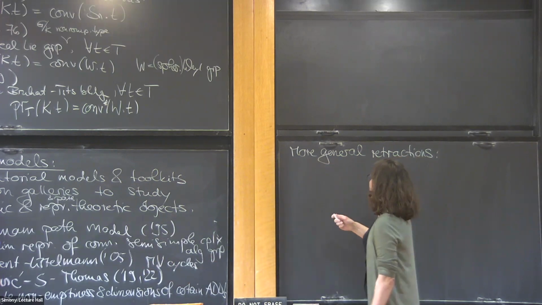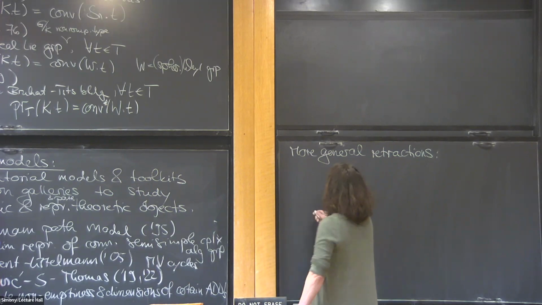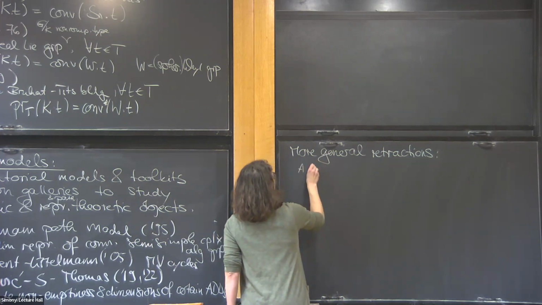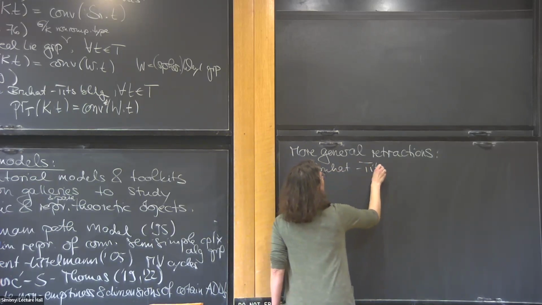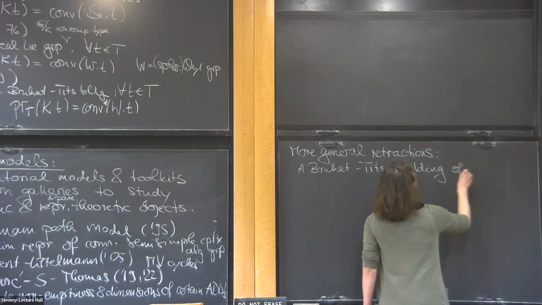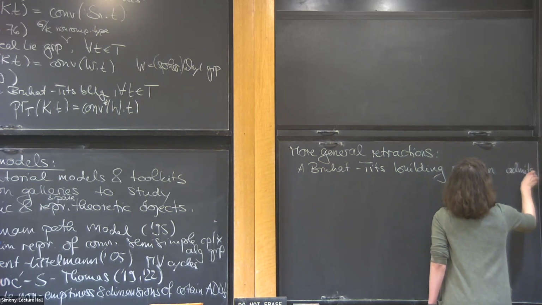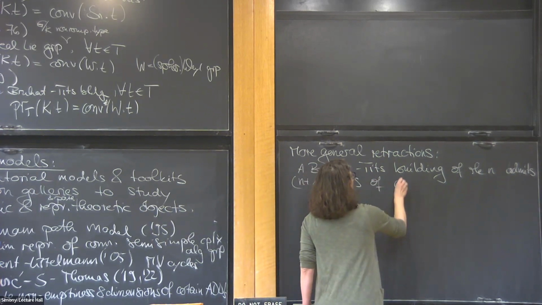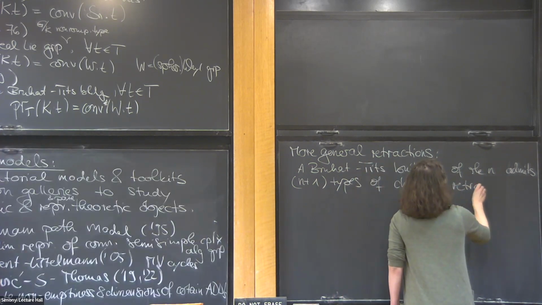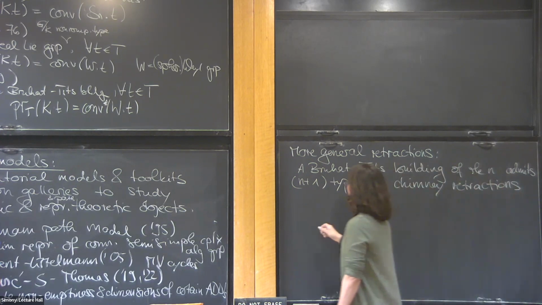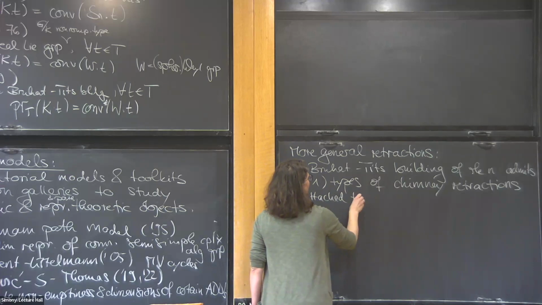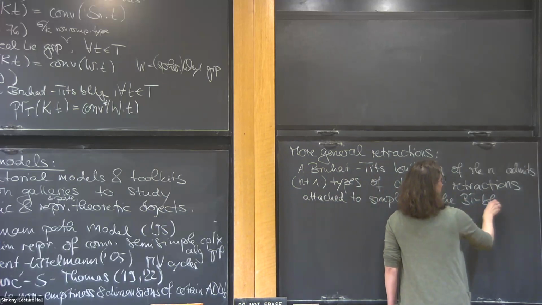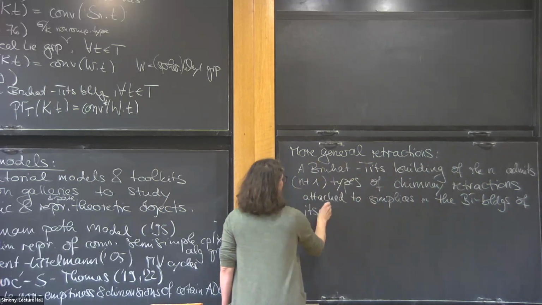But in fact, a Bruhat-Tits building of rank n admits n+1 types of so-called chimney retractions attached to simplices in the Bruhat-Tits buildings of its Levi factors.